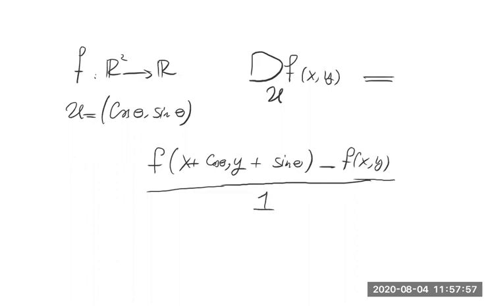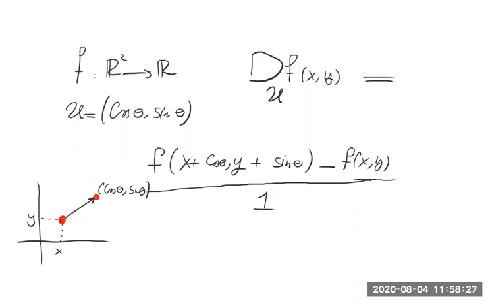It means how much the function would change if, suppose I'm here at the point x and y, there is this vector cosine theta, sine theta. If I can compute f at this point and I can compute f at this point, if I subtract these two values, it would show how much the function would change if I take one step in direction of u.